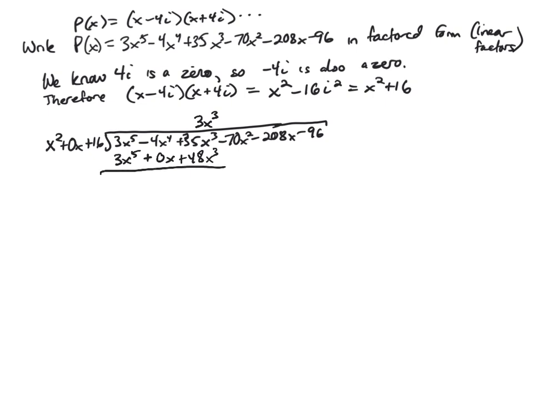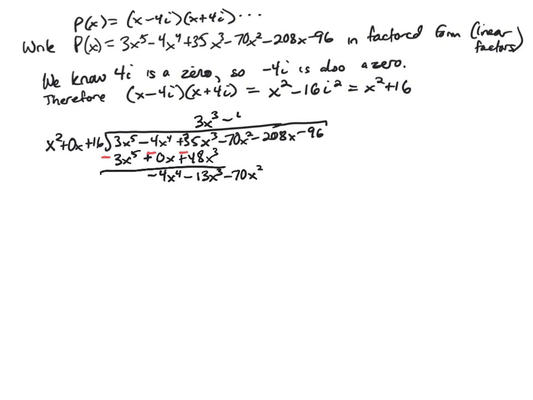And now in order to subtract, I'm going to change those signs and add on down. And that ends up being negative 4x to the 4th, and then minus 13x cubed. I'm going to drop down the negative 70x squared, because I know I'm going to have 3 terms once I do the next step.